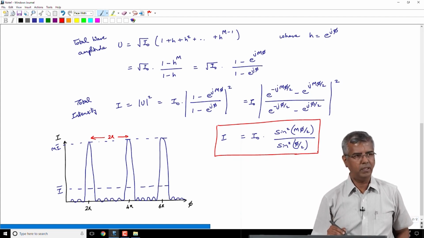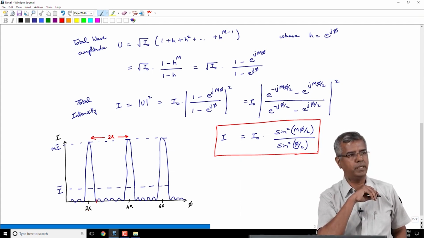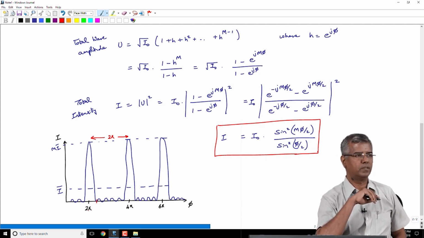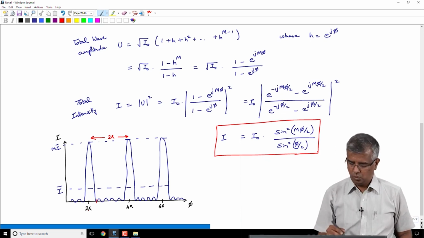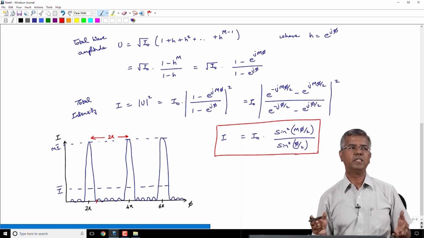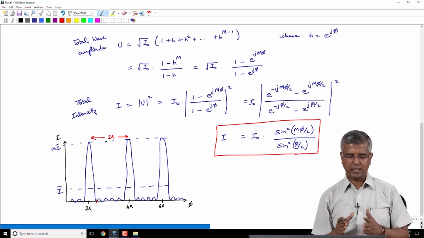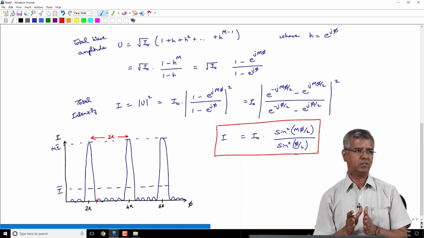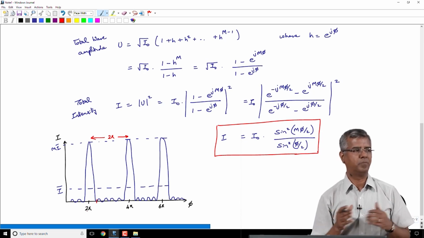But the thing of interest to us is this point where it goes to the first minimum. Okay. If you look at where it goes to the first minimum, why is that of interest to us? Because that first minimum defines the width over which you have maximum intensity, right.